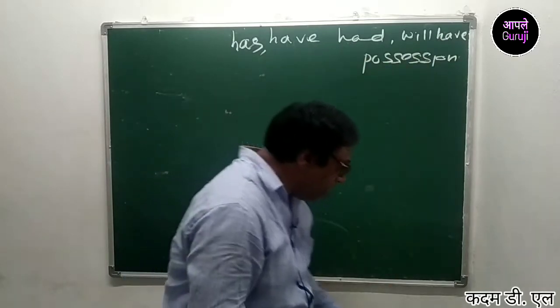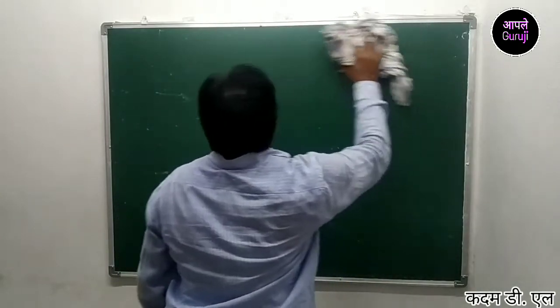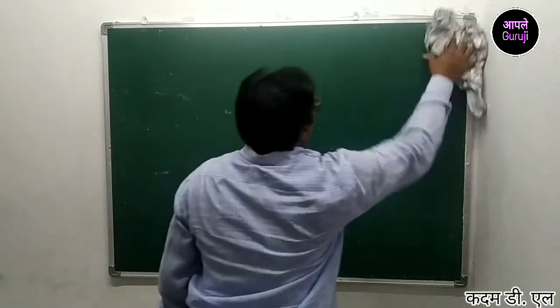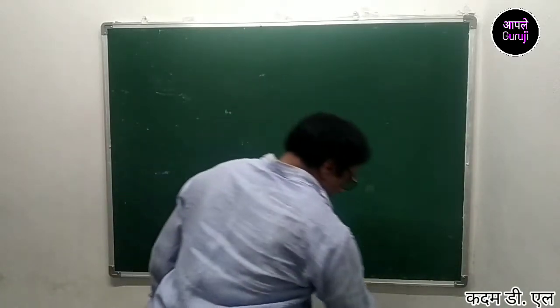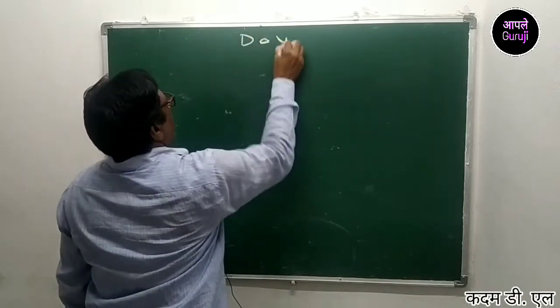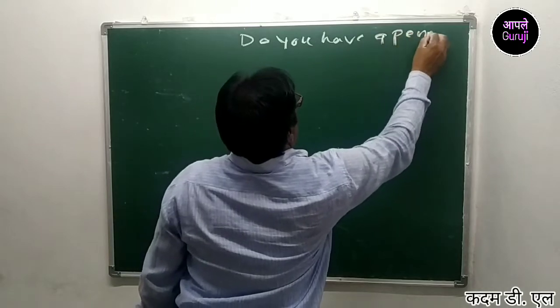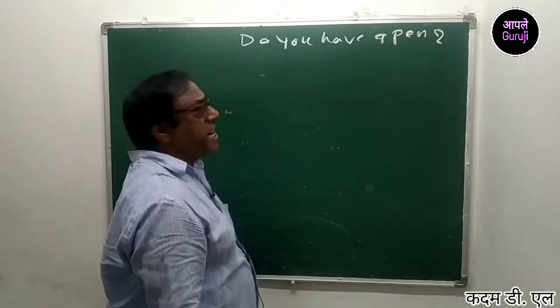How to make yes or no type of question along with have, has, will have, shall have and had. So, do you have a pen? Standard structure.